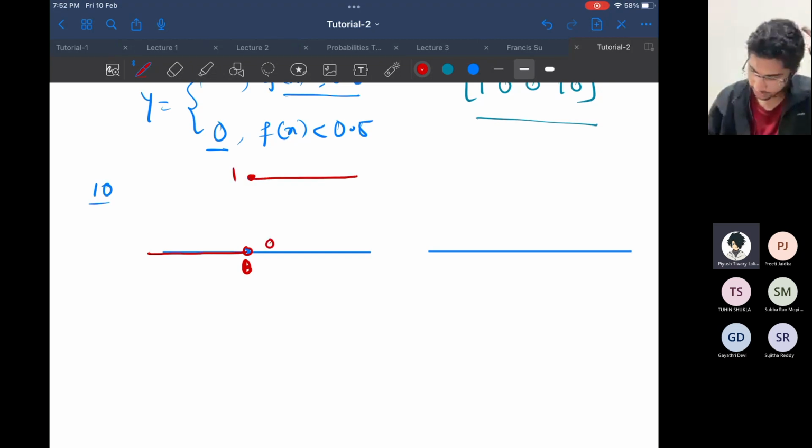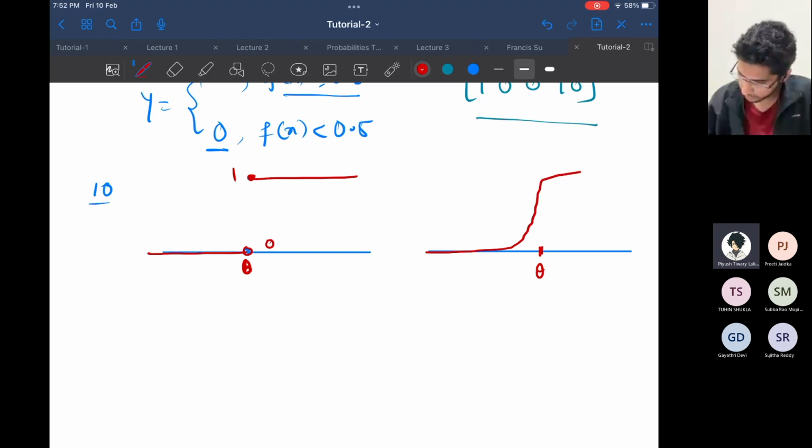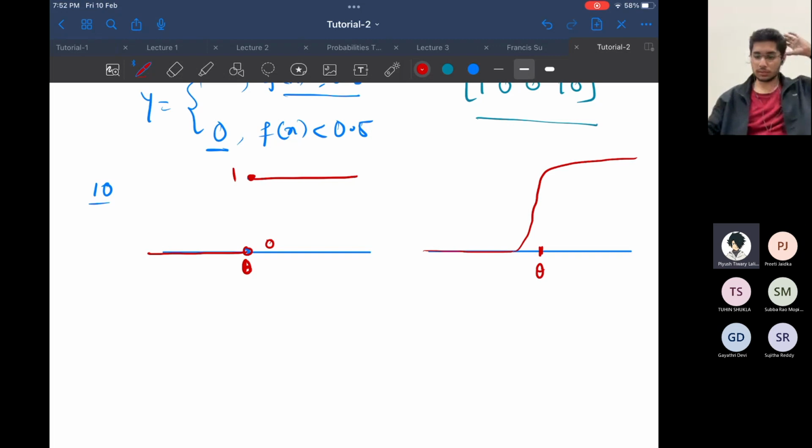Whereas the sigmoid, if this is your threshold function, is a smooth approximation of the perceptron's 0, 1 output. But what are the advantages of it?